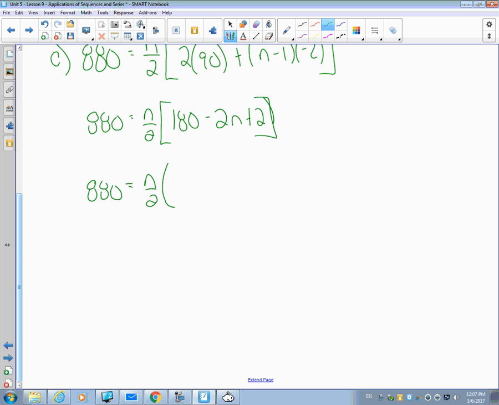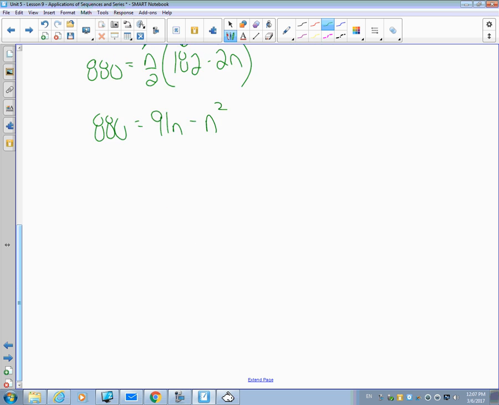Inside the bracket, we'll get 182 minus 2n. Well, if I multiply the n over 2 through that, I'm going to get 182n divided by 2. That's like saying 91n. If I do the same thing for the next part, I'll get negative 2n squared over 2. In other words, just n squared. Right? The 2's will cancel each other out, one on the top, one on the bottom.